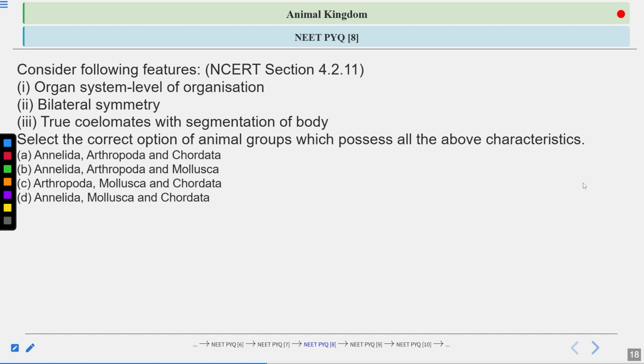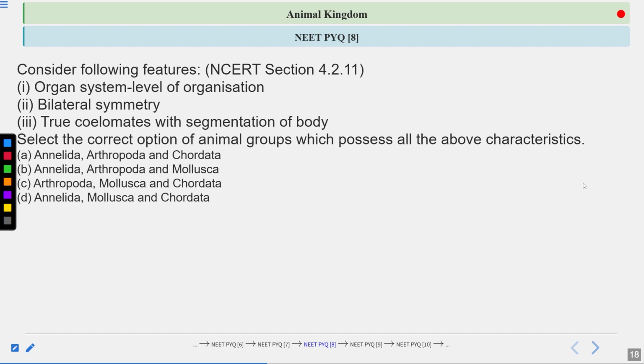Now, what is the question asked here? These are the different features. Select the correct option of the animal group which possesses all the above characteristics. You have to select the group of organisms given in the option that shows all the features: organ system level of organization, bilateral symmetry, true coelomate with segmented body.